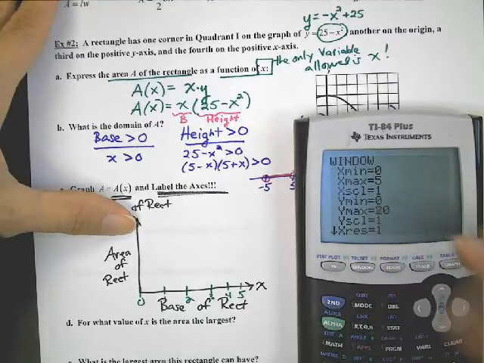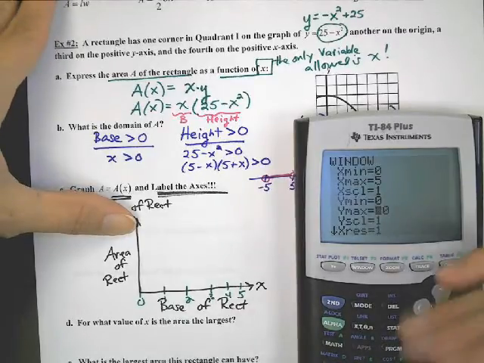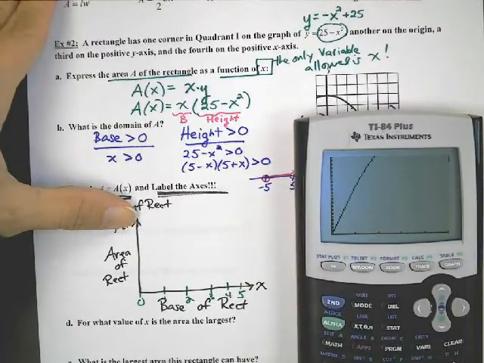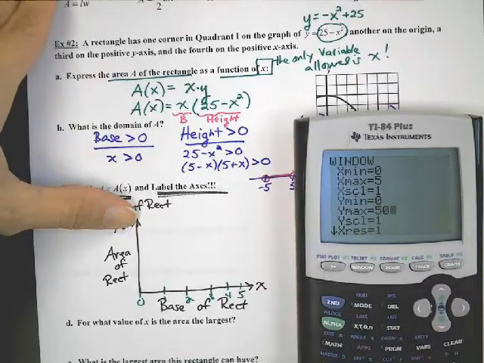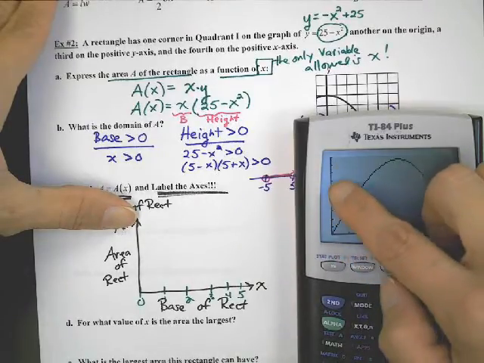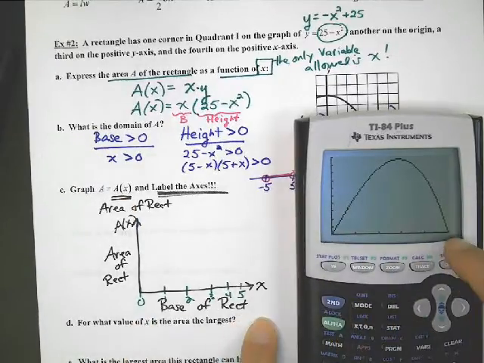So the y max, you're going to have to play with a little bit. Some people go really big and bring it down. Some people inch up slowly. Some people go in huge chunks just to get there quickly. If I go as high as 40, oh, almost. Okay, maybe I'll try 50. Since I'm going so high, I'm going to change the scale to take marks of 5. That's better. 5, 10, 15, 20, all the way to 50. There it is. So I know that the graph went from 0 to 5.